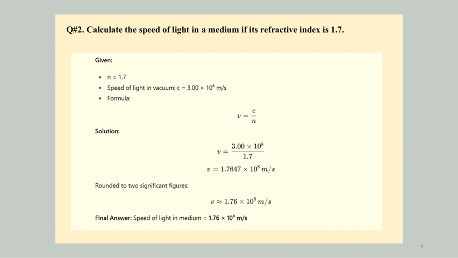We will get 1.7646 into 10 power 8 meter per second. We will round off the significant figures and get 1.76 into 10 power 8 meter per second. So speed of light in this medium is approximately 1.76 into 10 power 8 meter per second.